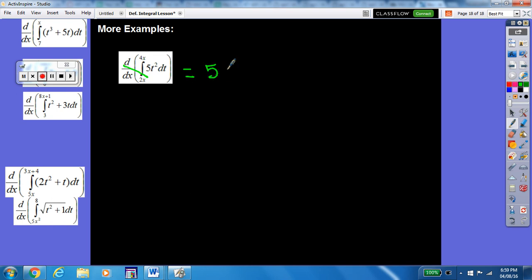And I get 5 times 4x squared times the derivative of the inside, which is 4, minus the bottom boundary now is 5 times 2x squared times the derivative of the inside, which is 2. And since this one only had one term, that's why when I plug in, I immediately multiply by the derivative of the inside. It works out nicely.